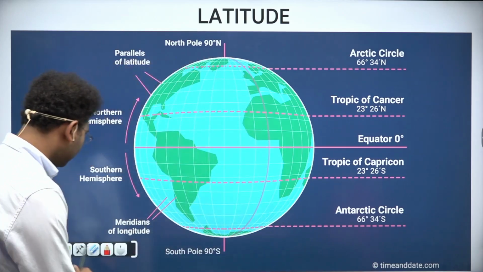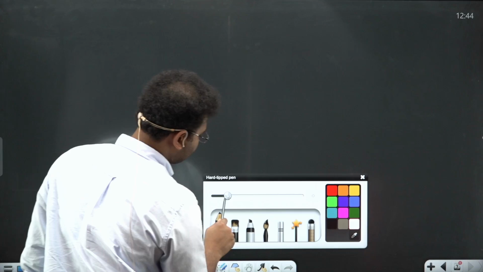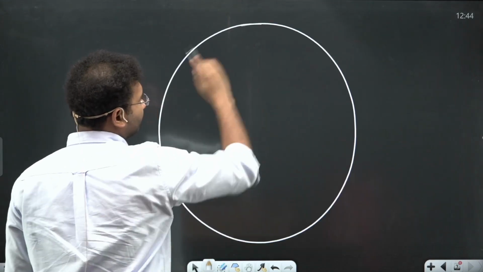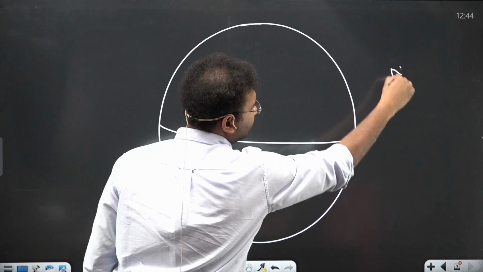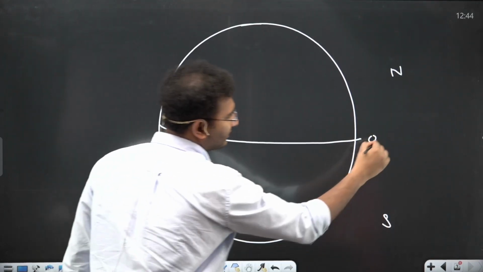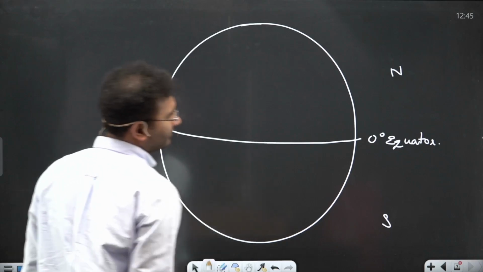Okay, that means here I am going to give you the important latitudes as, if this is your Earth, 0 degrees latitude, which divides the Earth into northern hemisphere and southern hemisphere, we call this as equator, right?